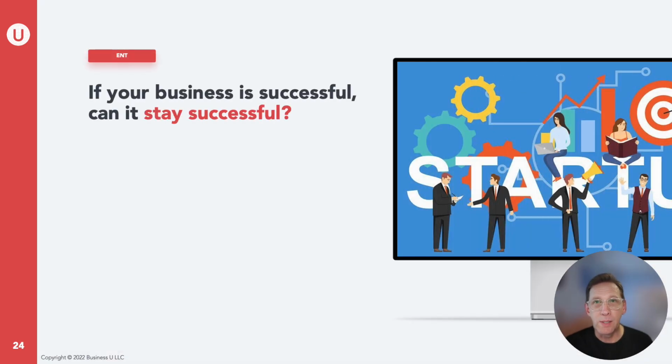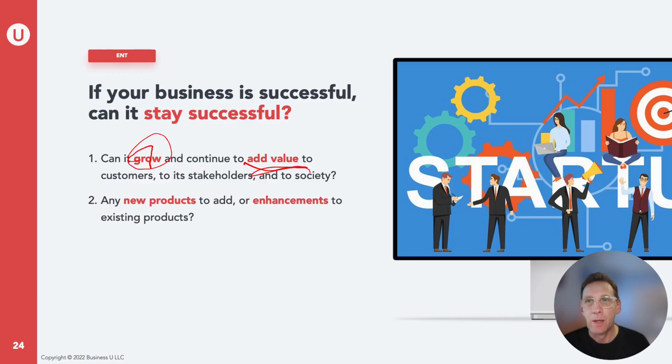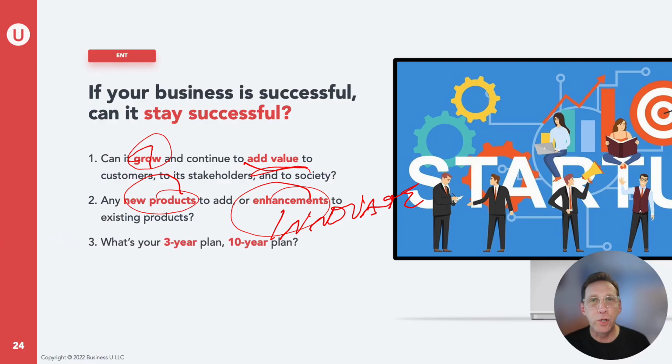Now, if you want your business to be successful, can it stay successful? Can it grow and continue to add value to customers, to its stakeholders, to society? Are there new products that you can add, enhancements to your existing products? This is where you can innovate and add things to your product. What's your 3-year plan?